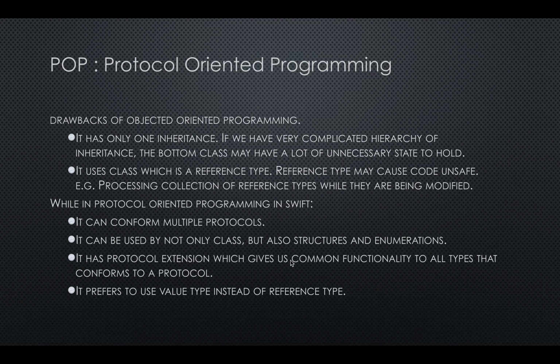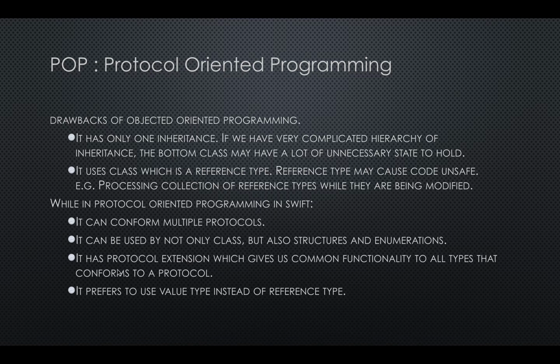To avoid those things, Swift has come up with protocol oriented programming. With protocol oriented programming, you just have to conform to protocols, and unlike classes, you can implement multiple protocols. You can even use protocols with structures and enumerations, which is really cool.